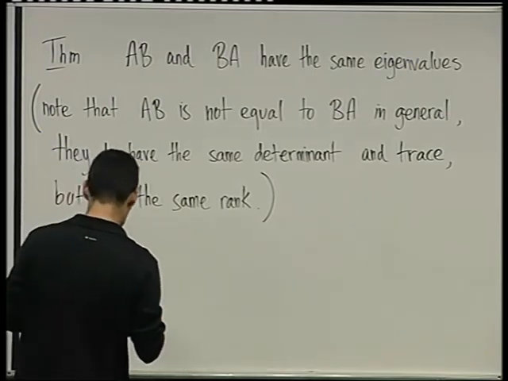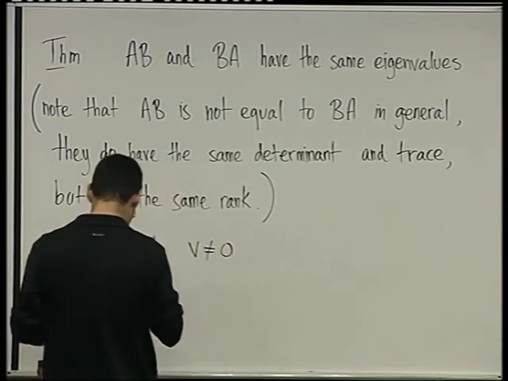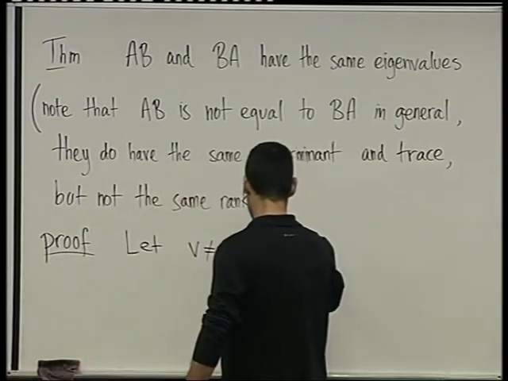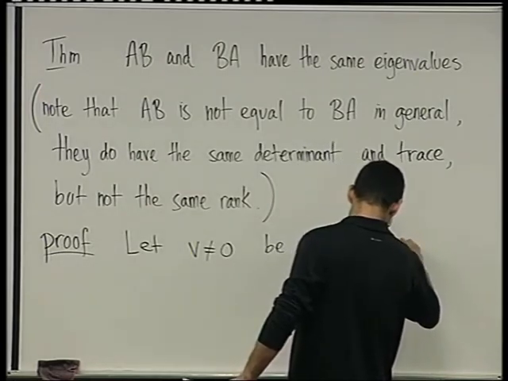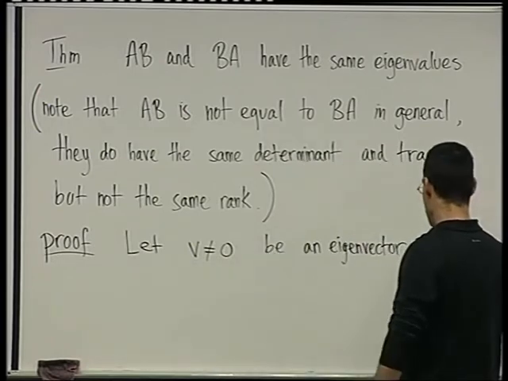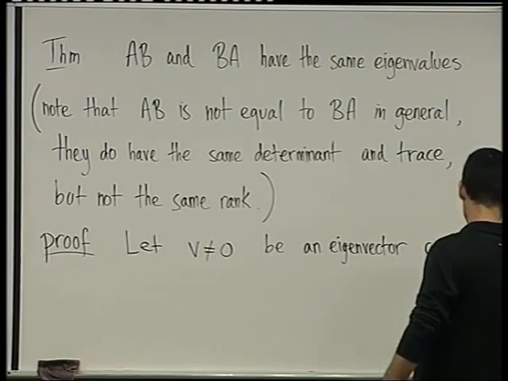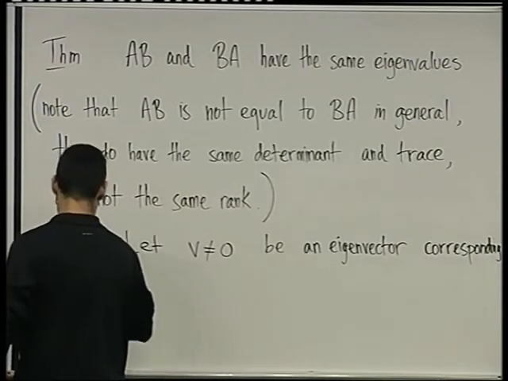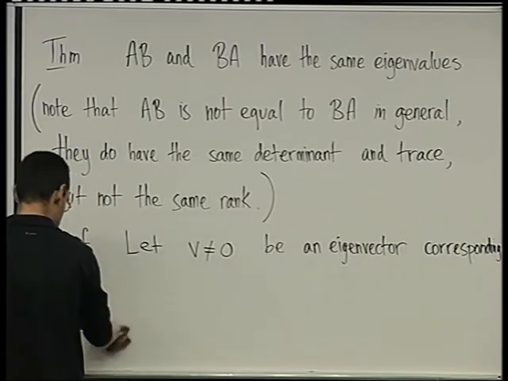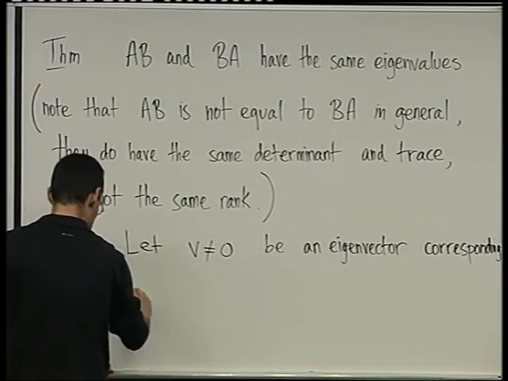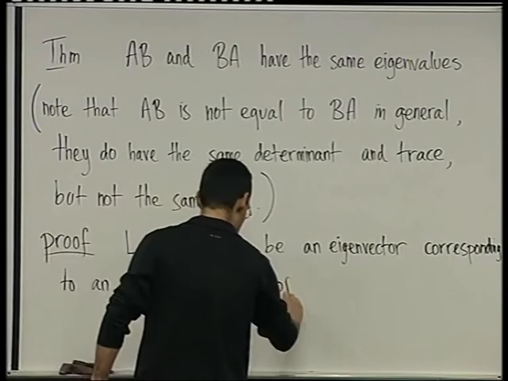So what I'm going to do is let V be a non-zero vector, an eigenvector, corresponding to an eigenvalue alpha 0 of AB.